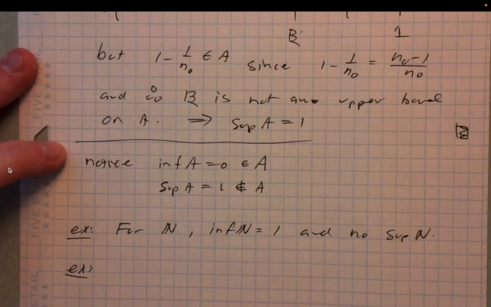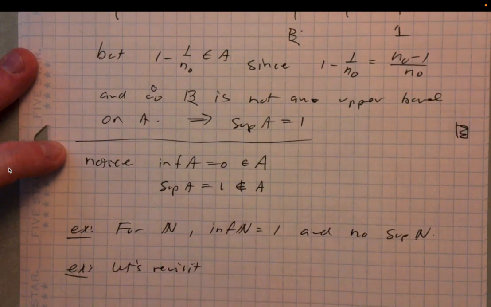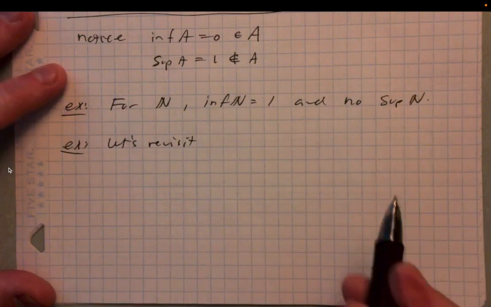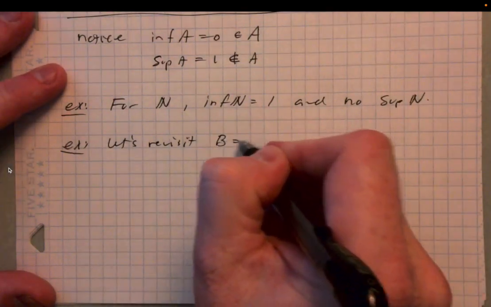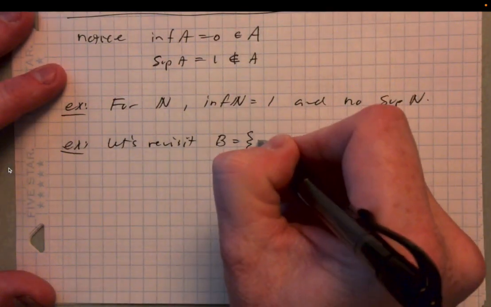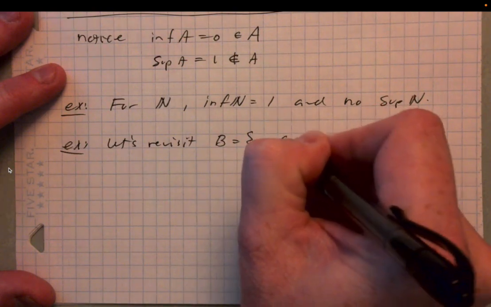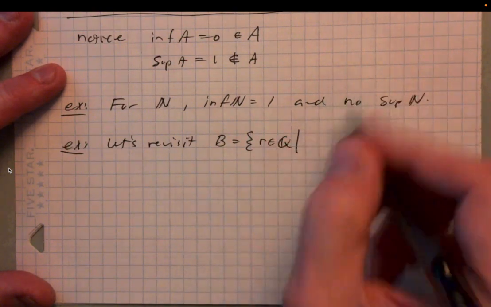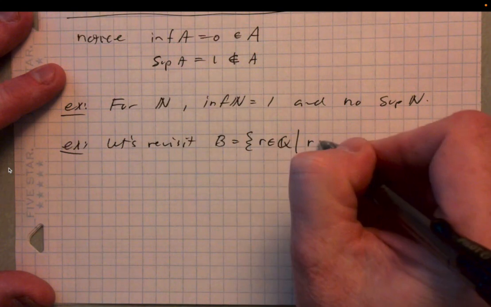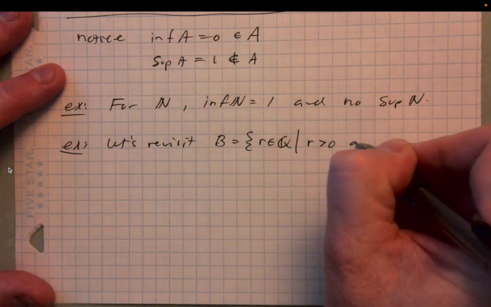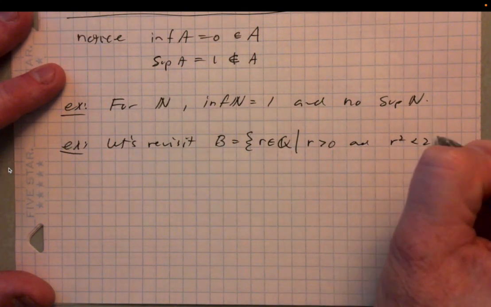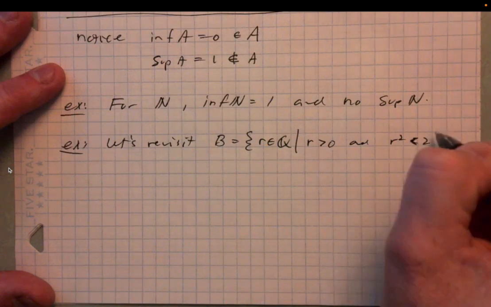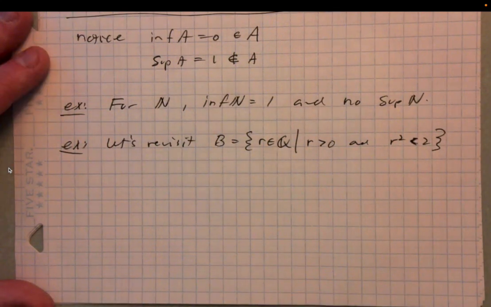Let's actually revisit, we'll do this frequently in this class, this set B, where B is all of the rational numbers r between 0 and the square root of 2, where r is greater than 0 and r squared is less than 2. Okay.